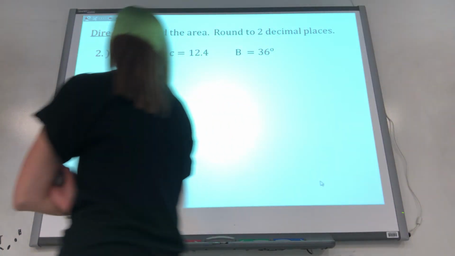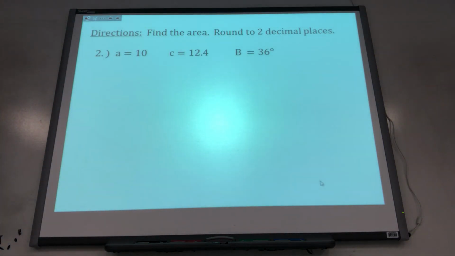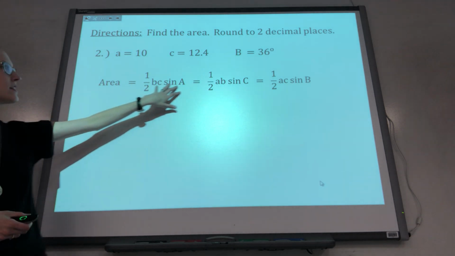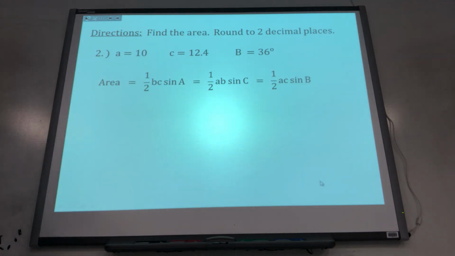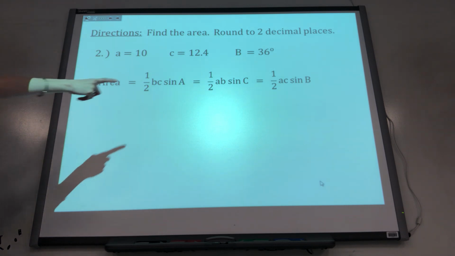I don't have to solve the triangle. I don't have to find everything else. I just have to find the area. Now, you've got the formulas in front of you. I'm just going to put them back up here so we can look at them together. I want the formula that fits what they have given me.